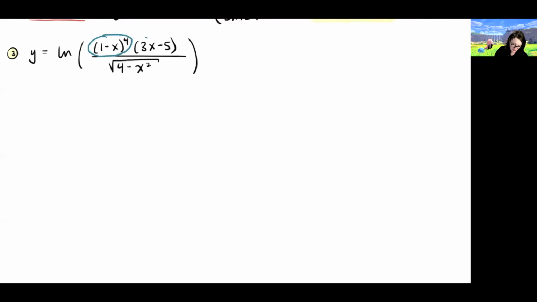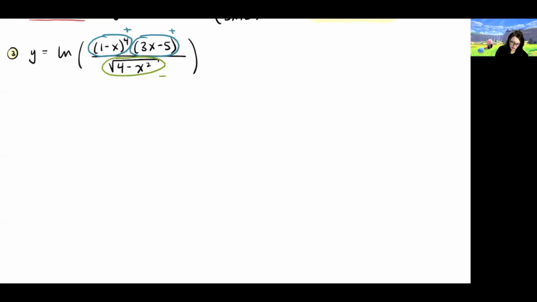So I've got this thing times this thing. So I've got two things. These are both going to get their own natural log and they're going to get a positive in the front of it. Again, we're thinking of expanding this first, then differentiating. So just expanding right now. In the bottom, we've just got one thing that's multiplied by stuff, just itself. So that'll have its own natural log, but it'll be subtracted.